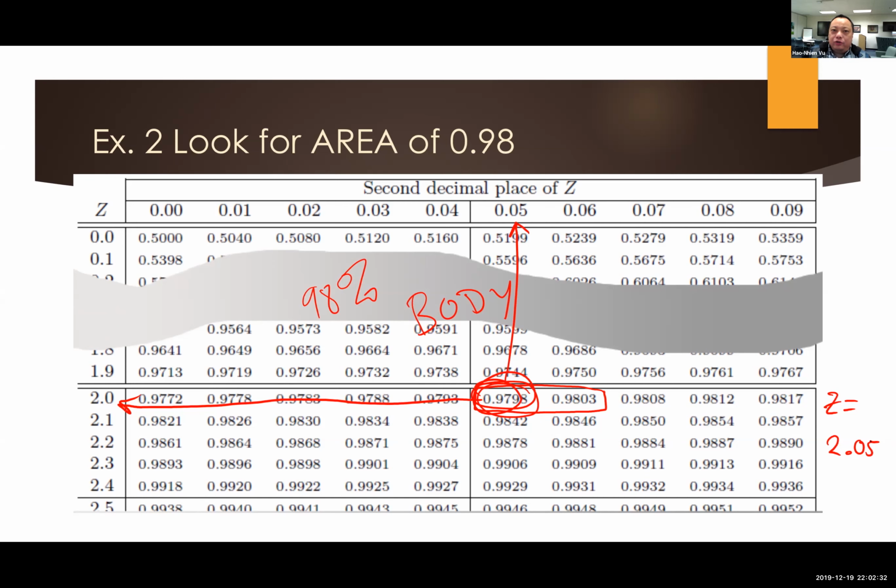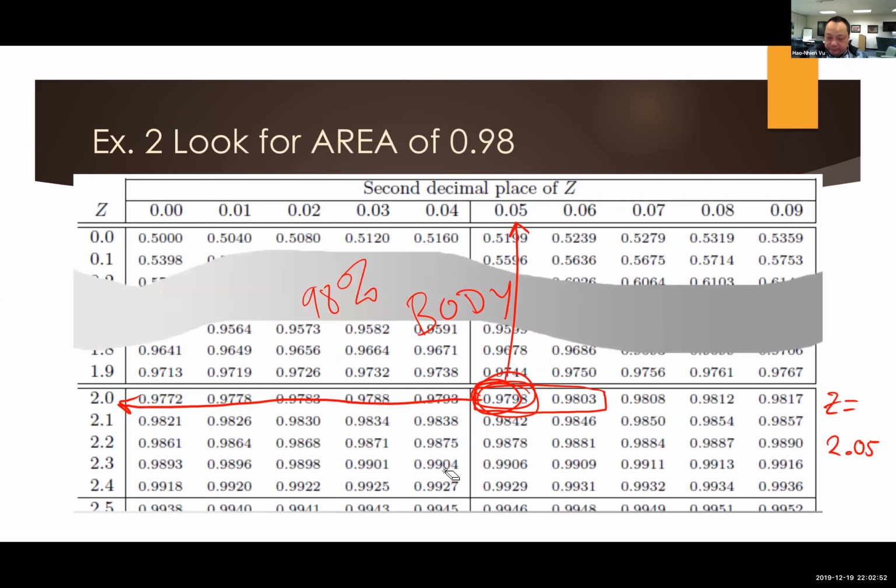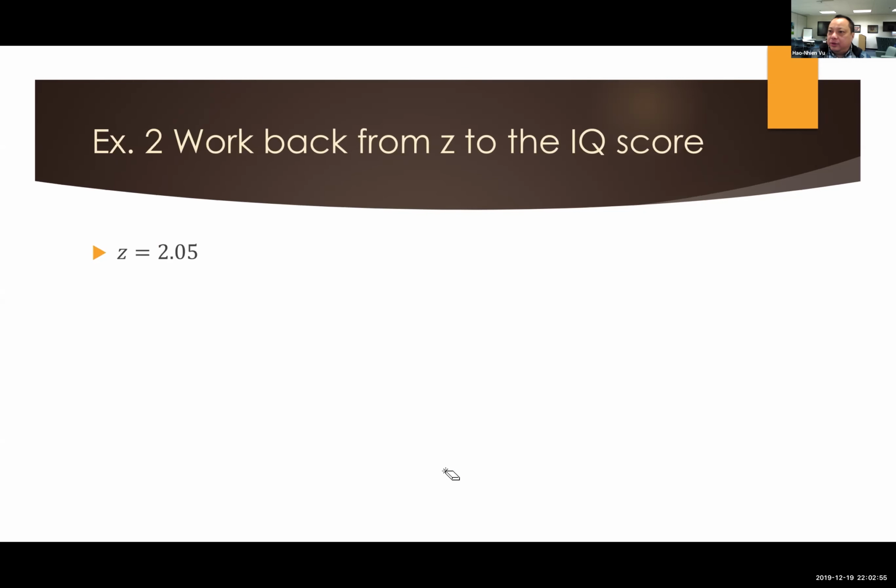So if I go back to my previous diagram, then I know that this cutoff here has a z of 2.05. Okay, but that's not the question. The question doesn't ask for z. The question asks for the IQ score. So I have to go from z to the IQ score. So I work backward from there.